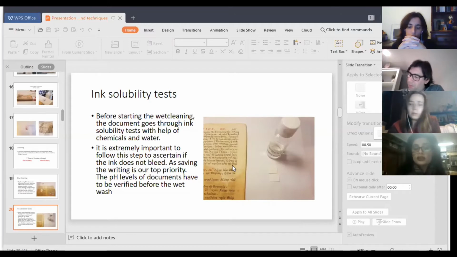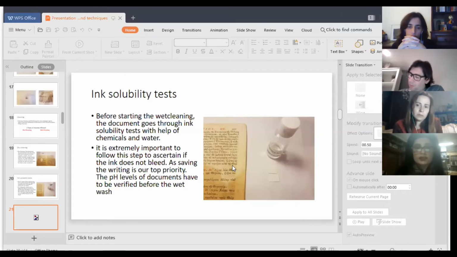So in all cases, we have to save the historic writing and the paper and the material. Therefore, we conduct pH tests and ink solubility tests with the help of alcohol and water to stop the ink from bleeding and to see if it doesn't bleed.